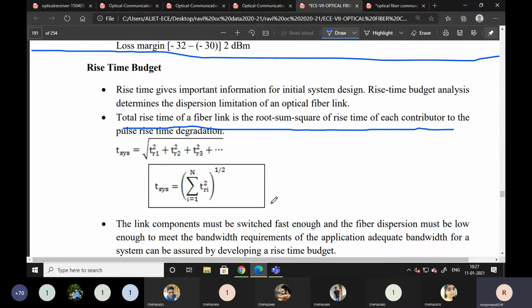Otherwise you may write it as the square root of the sum, i equal to 1 to n, of T R i square. Like that also you may write, no problem. Whole power 1 by 2 or square root of this one.